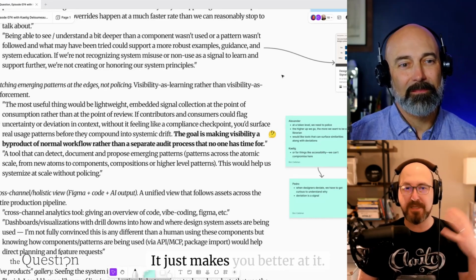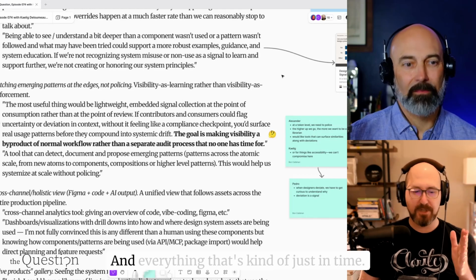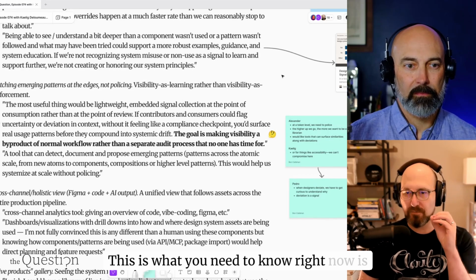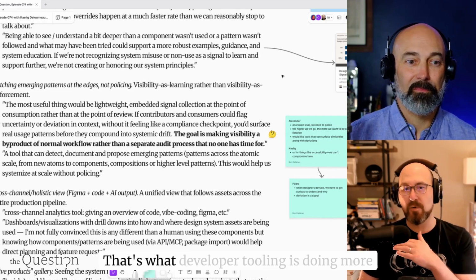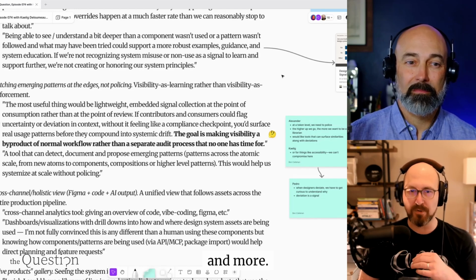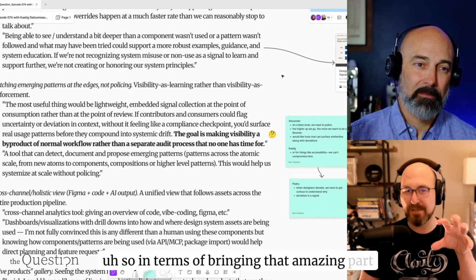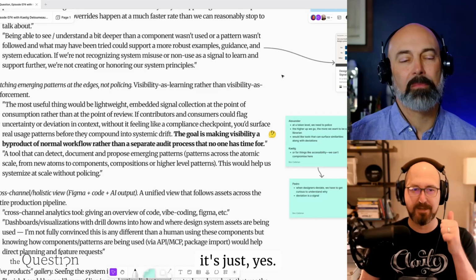It just makes you better at it. I love that. Everything that's just in time, this is what you need to know right now, is the way to go. That's what developer tooling is doing more and more. And so in terms of bringing that amazing part of the developer experience to designers, yes, absolutely.